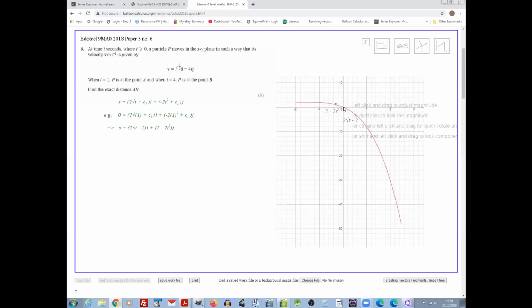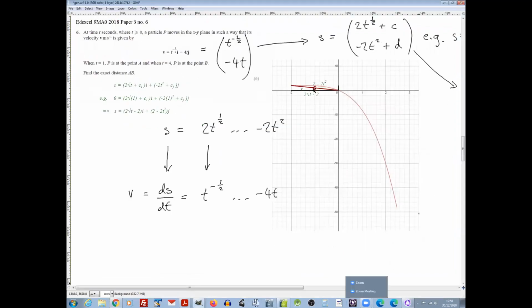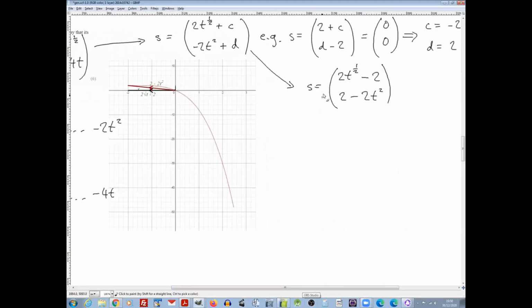I should label that A, the origin. I really should do that. But then as t increases towards 4, you can see that this is what's going to happen. You don't have to see this while you're working out the problem. I'm just saying it does help to realize that this displacement function that we made has a horizontal arrow and a vertical arrow.